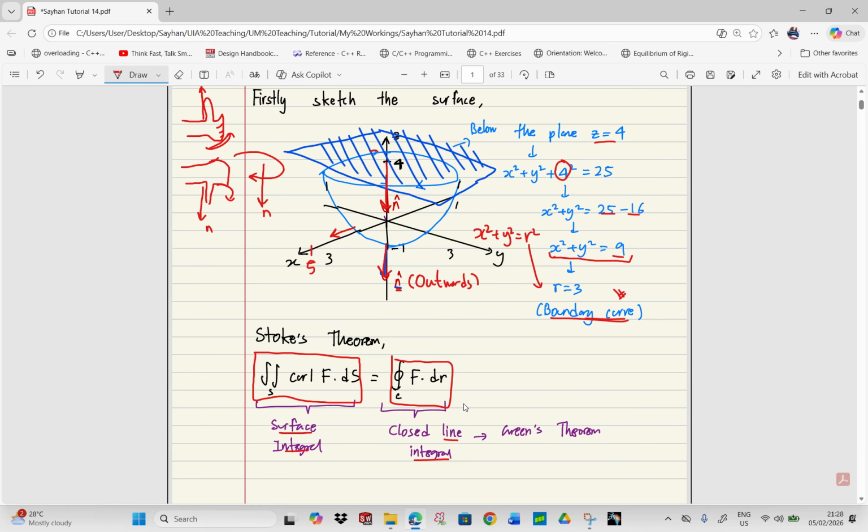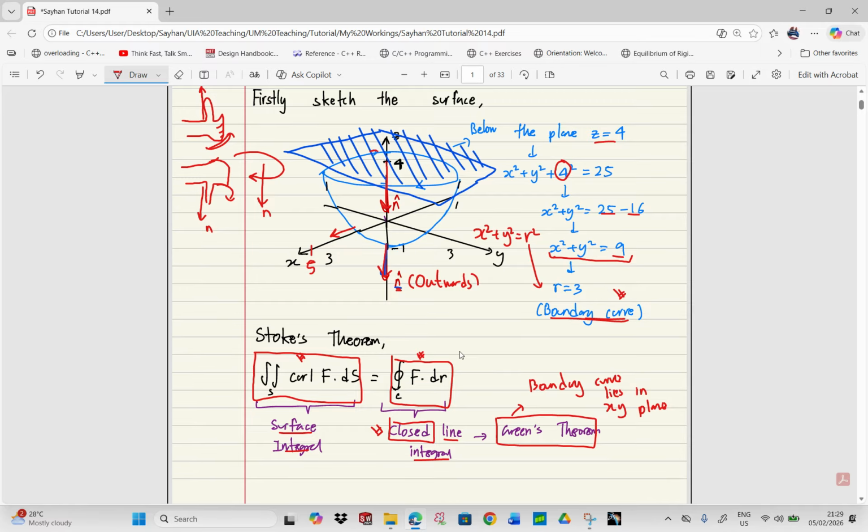And Green's theorem is a special case, when the boundary curve lies in the xy plane. But the whole idea is that it's a closed line integral. So that's Stokes theorem, the relationship between surface integral and line integral, where it's a closed line integral itself.